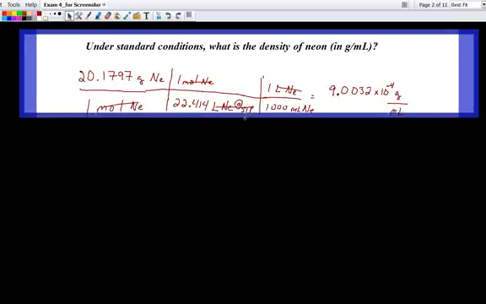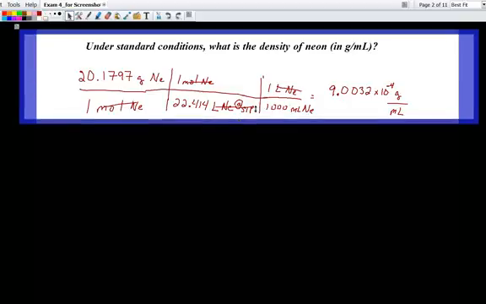So one way to start that off would be simply to start off with your molar mass for neon, 20.1797 grams of neon in a mole of neon, and then use Avogadro's molar volume of a gas to get from moles there, cancel it out, and liters on the bottom.